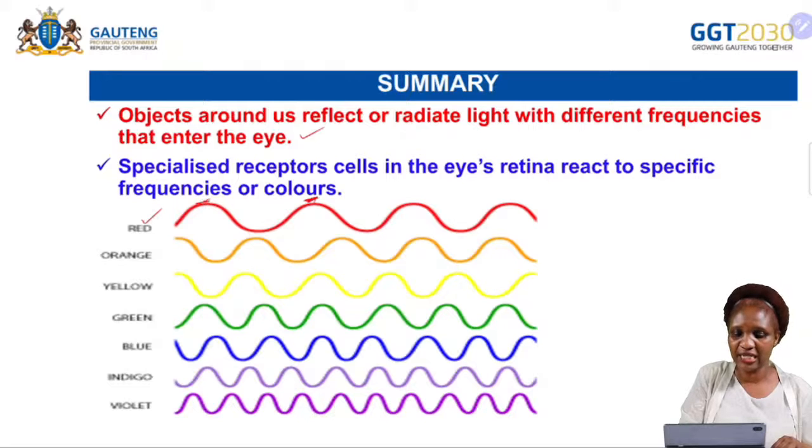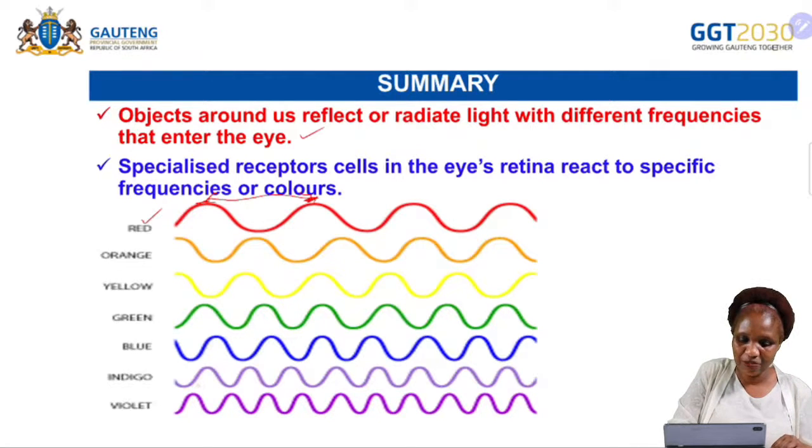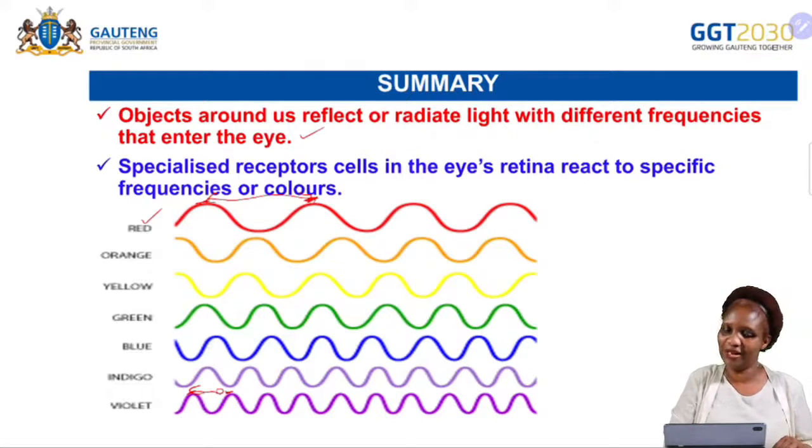Okay, the distance in between these two crests is very long. All right? And then the distance in between these two crests, it is very short. Okay. This is red, remember, and this is violet. Red has got the longest wavelength and violet has got the shortest wavelength.